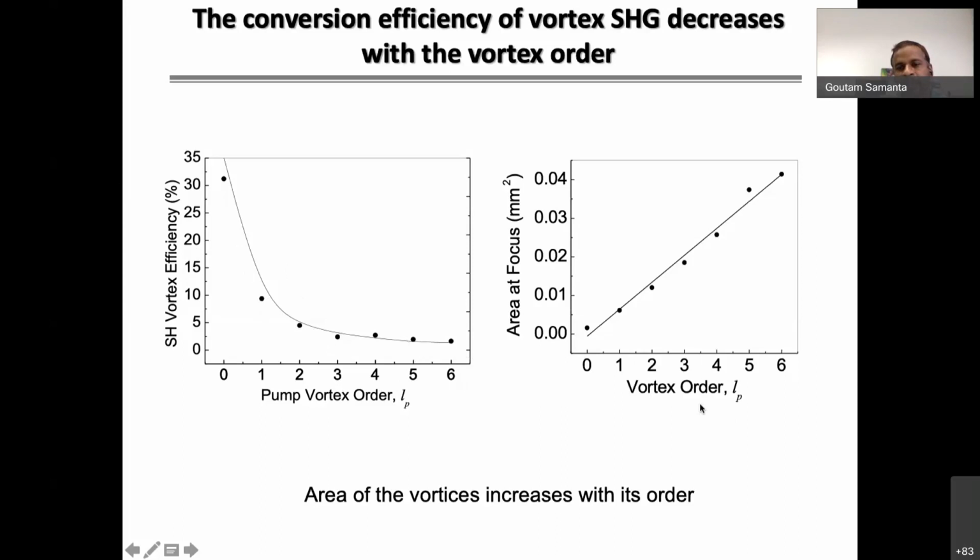And if you measure the area of this donut, then we see a linear increase of the area with the order. So in this process, there are 2 things happening. One is that the orbital angular momentum is increasing, and the second is that the area is increasing. So we don't know whether the area is influencing the conversion efficiency or the orbital angular momentum.